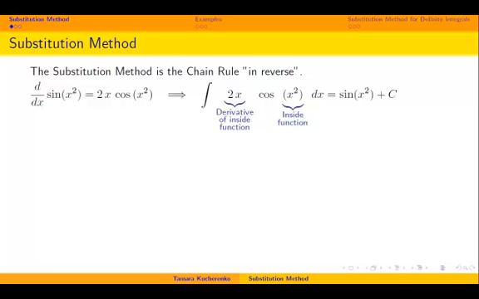We cannot reverse the chain rule if the derivative of the inside function is missing, which means we will not be able to compute the integral of just cosine x squared.